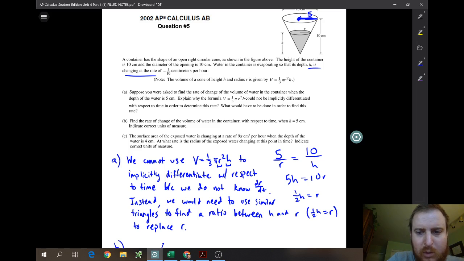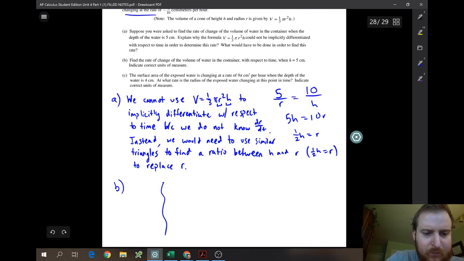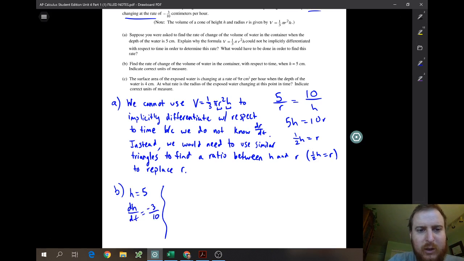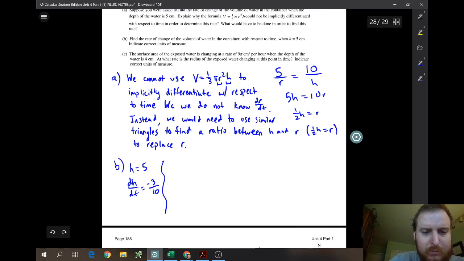So we know that H is 5, and then we know that dH dt is -3/10. The water level is decreasing because of the negative, so our dV dt really should be negative as well.